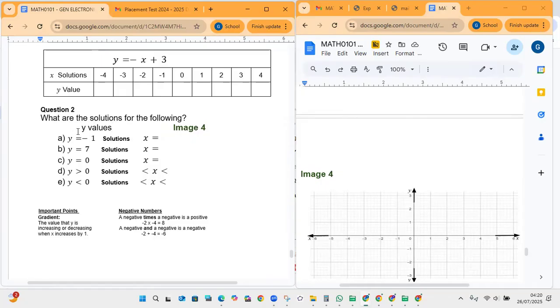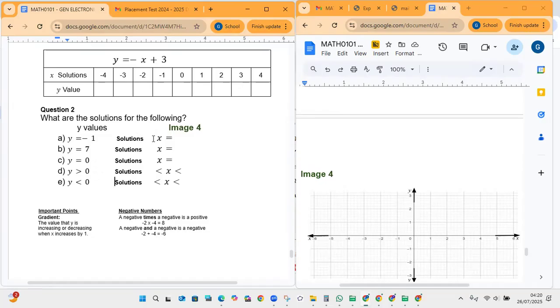So these are the y values: -1, 7, etc. And we are going to find the x solutions for these y values. Please make sure that you have this vocabulary very, very clear. So when the value of y is -1, what is the x solution?